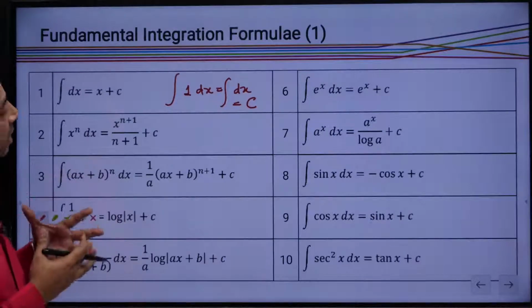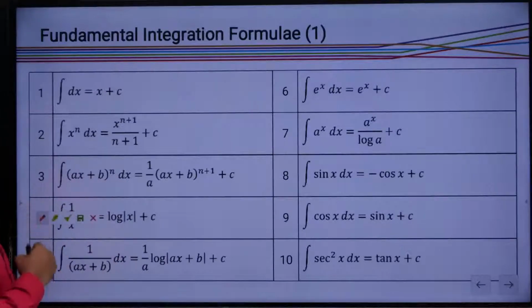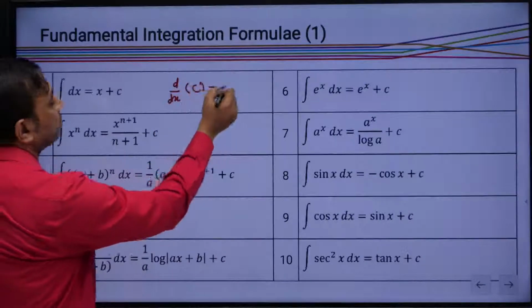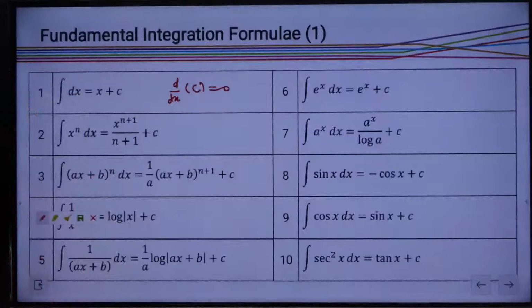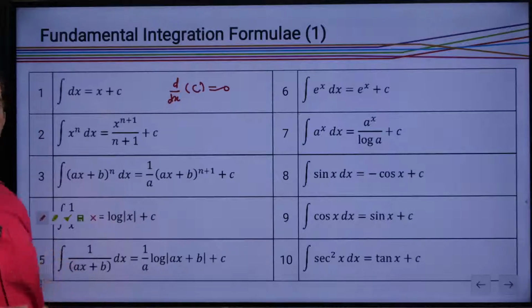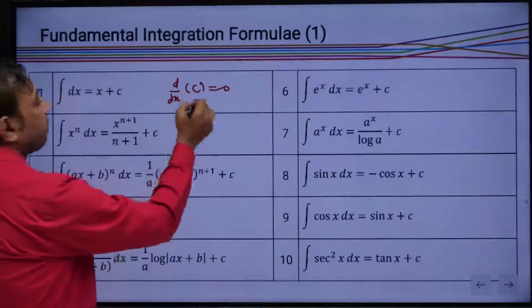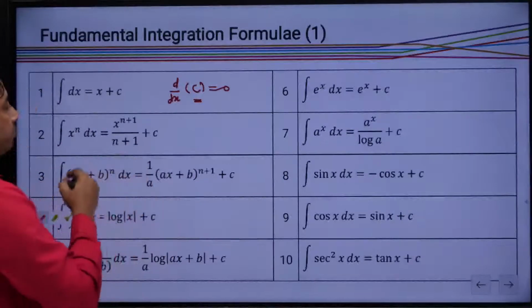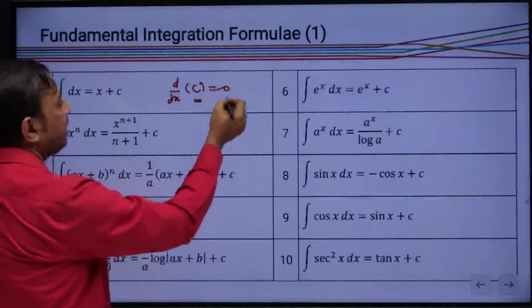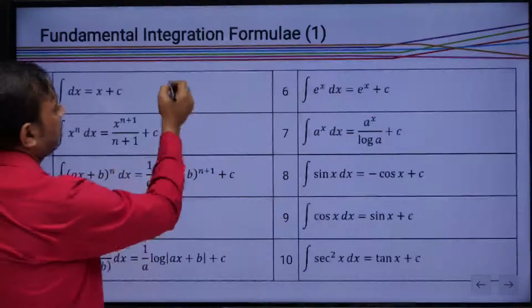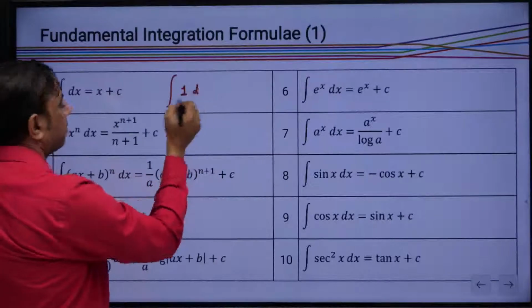Now if we want to learn how we are getting this answer, since the differentiation of a constant is 0 in case of the derivative, if we need to integrate something, my answer should include c.